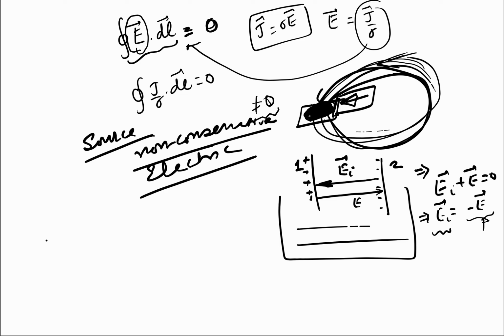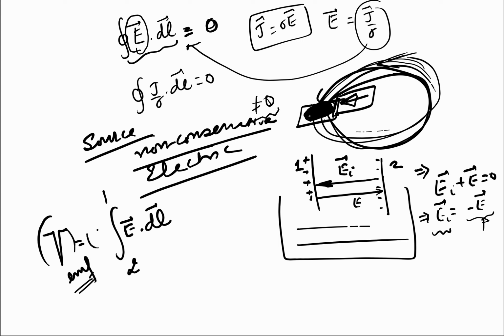Now we define EMF as the work done per unit charge, because this impressed electric field is doing work, and that is being stored in the charge carriers as potential energy. So this field is working when charge is moving from electrode 2 to 1. So this is called the EMF.